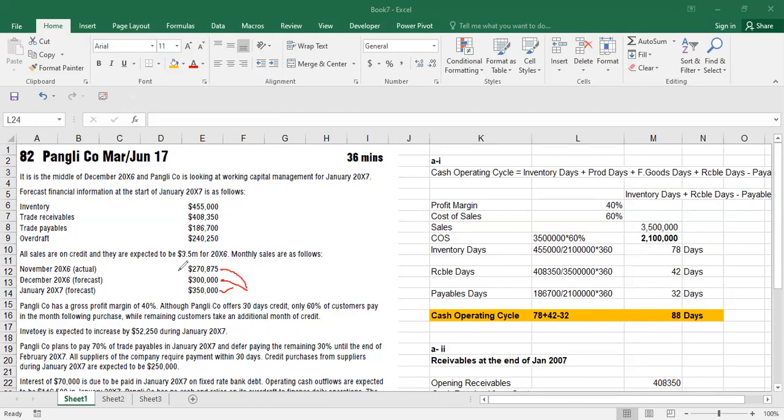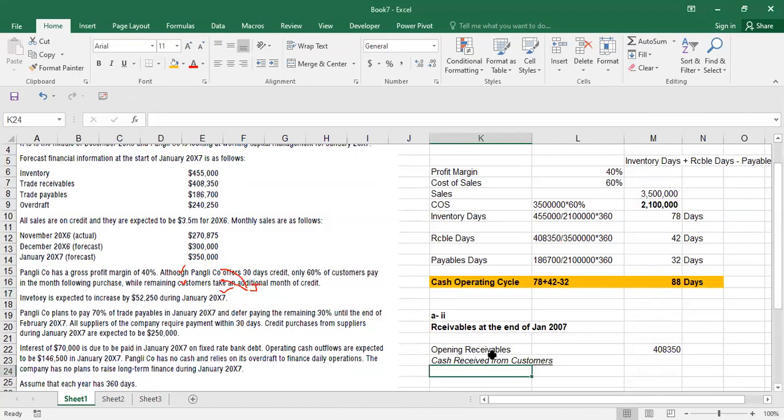So November sales, you will receive something in January. And December sales, you will receive something in January. So how much they give, it says that 60% pay in the month following the purchase, which means the next month. So from December, I would say December sales, 60% come in January.